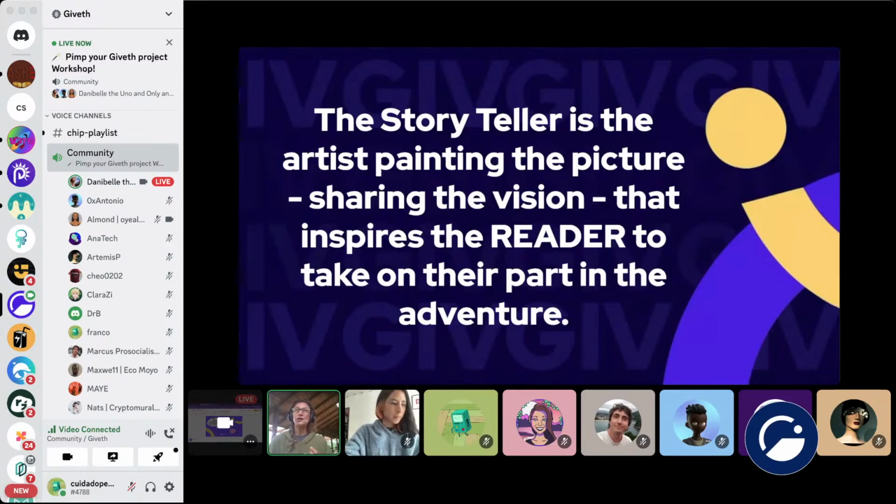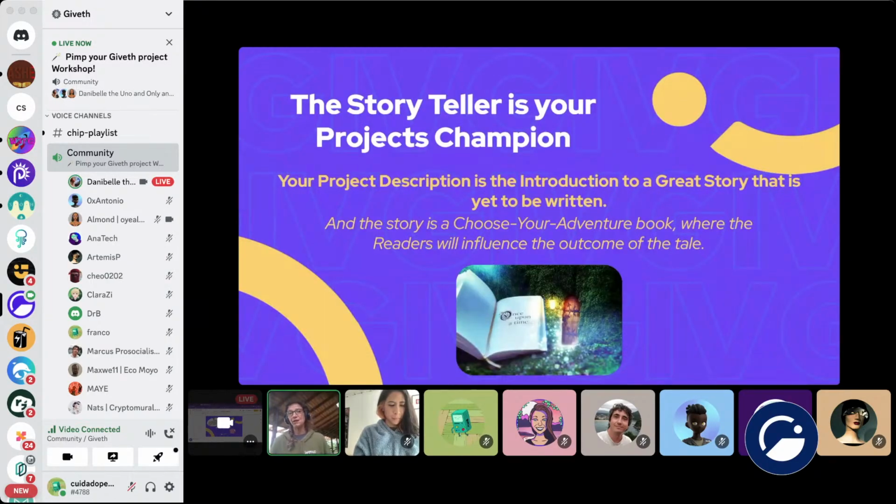The storyteller is the person who's deeply connected to what's happening here, can see it, and can use their words to actually paint this vision in a way that people see themselves in it. So here at Giveth, the storyteller is your project's champion. And I'm starting here because this is the number one thing that can help your project succeed or not achieve its goals: having a champion who is the person that's telling this story.